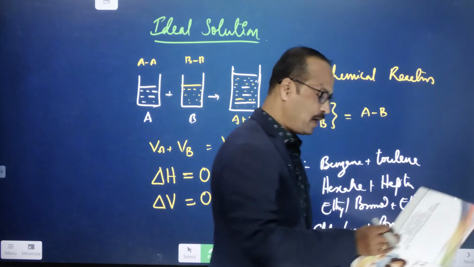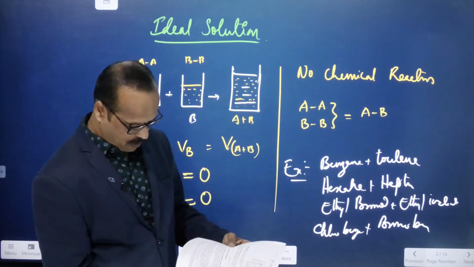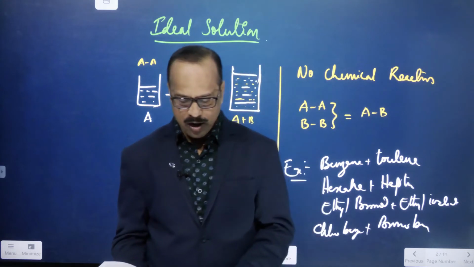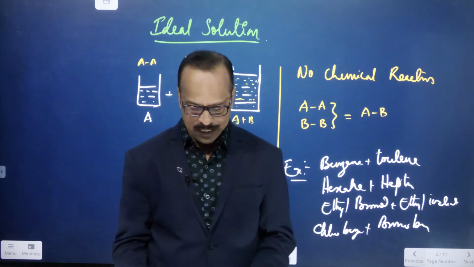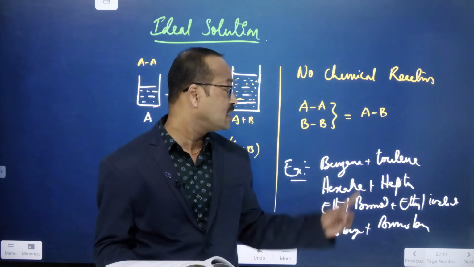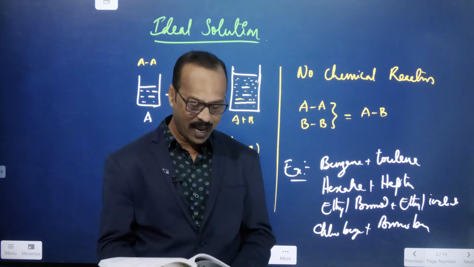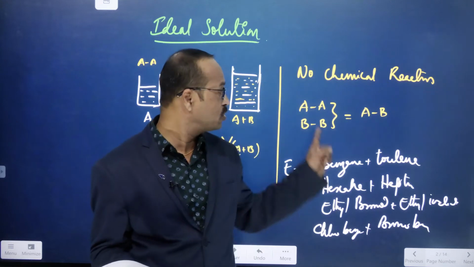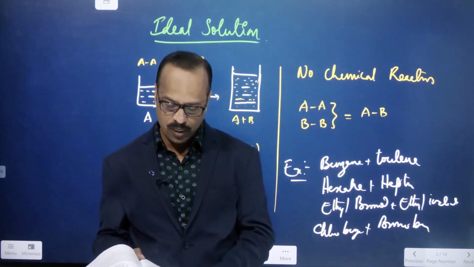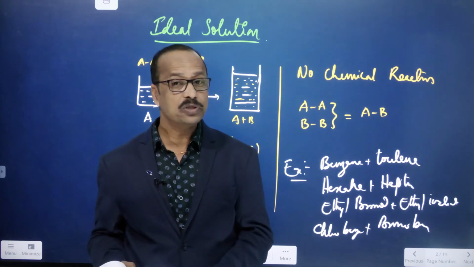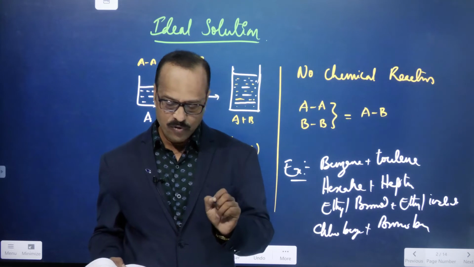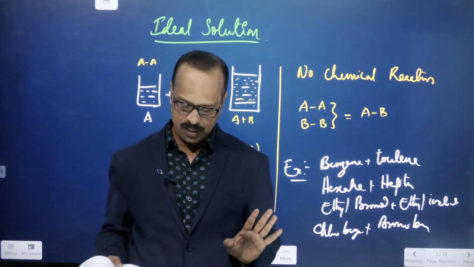Now open your material, page number 44, where there is a definition. Non-ideal solutions are solutions in which the solute-solvent interactions are different from solute-solute and solvent-solvent interactions. So these solutions do not obey Raoult's law for all concentrations and temperatures.